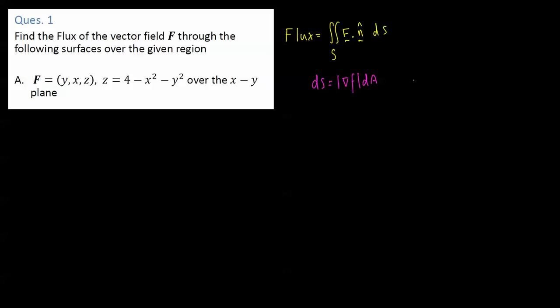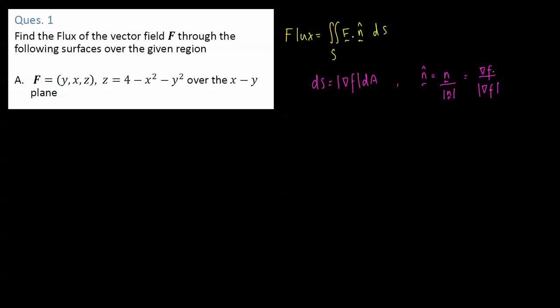And remind ourselves that n hat is equal to n over the modulus of n, and remember n is grad f, so it's grad f over the modulus of grad f.